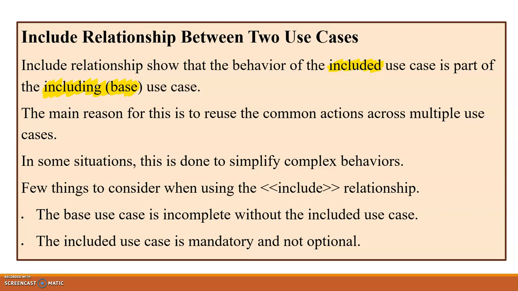It is mandatory, it is compulsory. You cannot omit this. It is not optional. You need to show this include relationship, and to show it we write include in two angular brackets. Keep in mind it is mandatory.